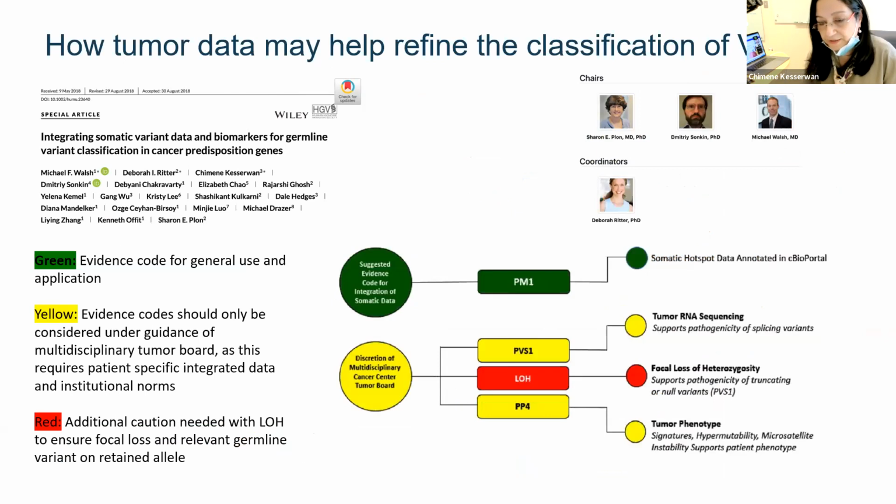Recently, the VICC group, along with the Cancer Genome Consortium, came up with the oncogenicity classification geared towards classification of somatic variants, similar to the Richard et al. paper for the classification of germline variants. However, the ACMG guideline, the Richard et al., did not address how to integrate evidence generated by tumor data when we assess the pathogenicity of germline variants.